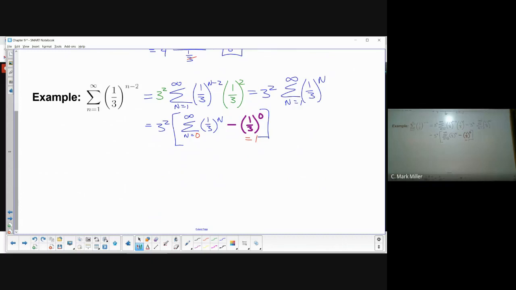Okay. Smile. I know what you're saying. Mr. Miller, I can't smile in calculus. Smiley's not allowed in calculus. So this is going to be 3 squared times 1 over 1 minus 1/3.